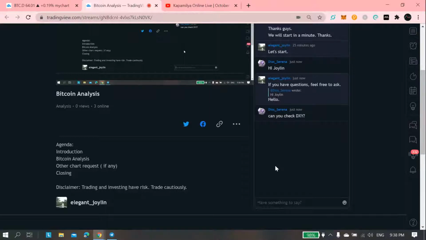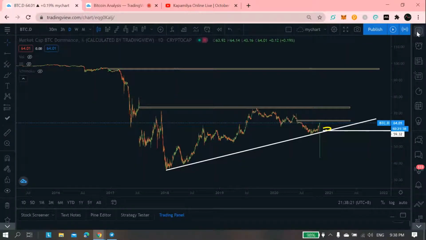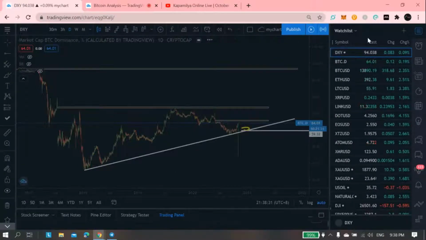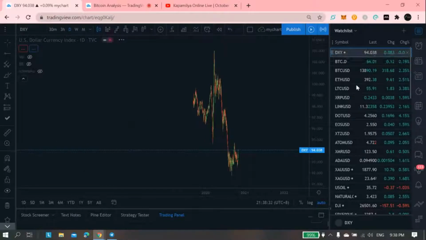And what's XY? The XY USD. What's that? Let's check on the XY USD. If I'm not mistaken, this one. Yeah, dollar index. Anyway, it's on top of my list.